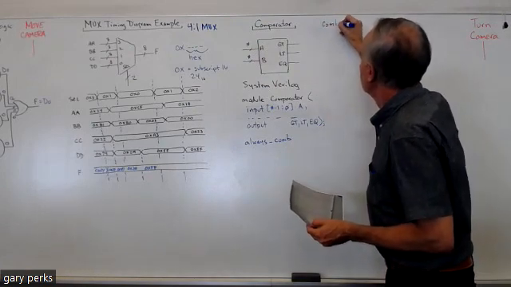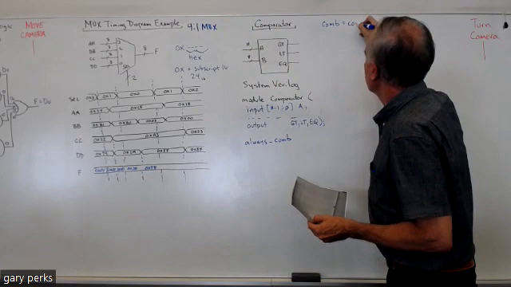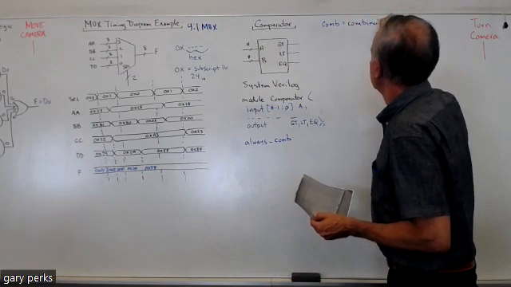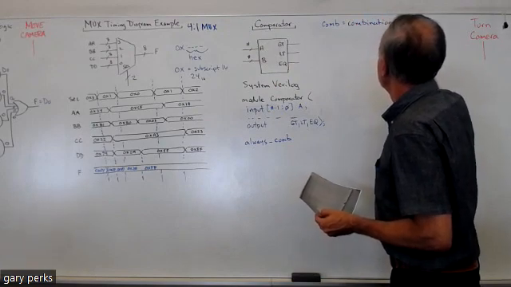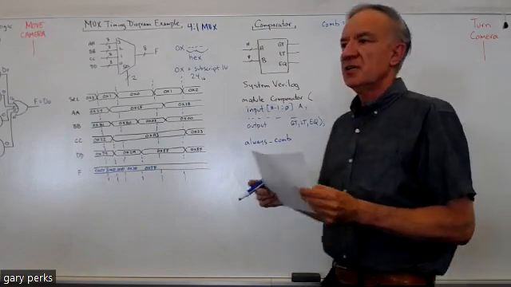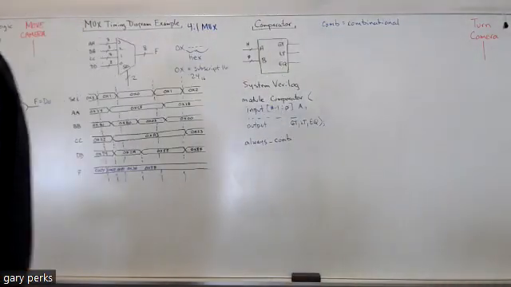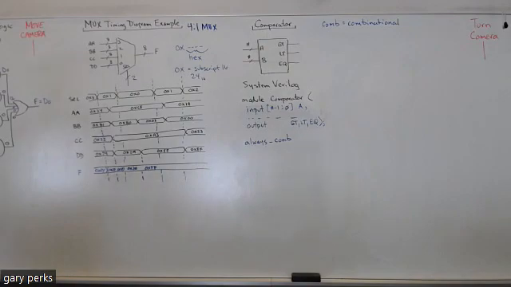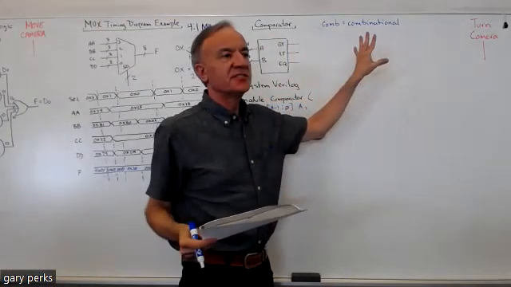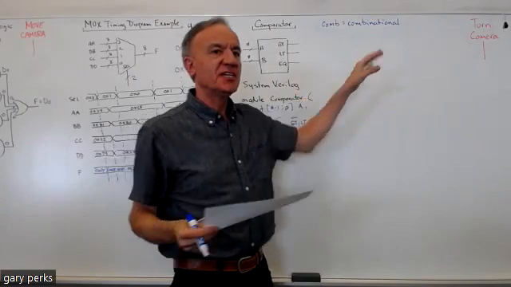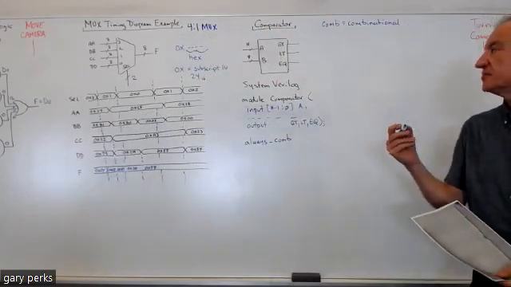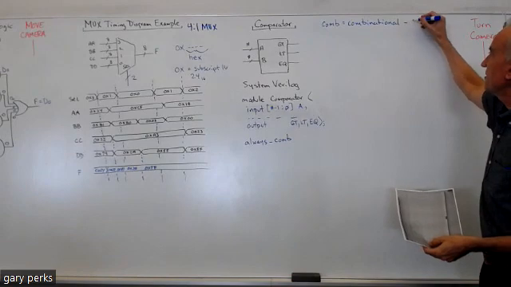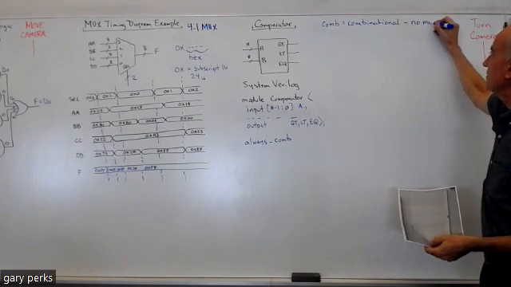COMB is short for combinational. All the circuits we've been looking at this quarter, even though I haven't said it previously, are combinational. What's meant by combinational is logic circuits that have no memory.